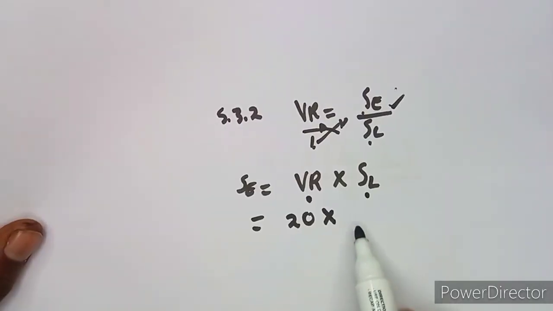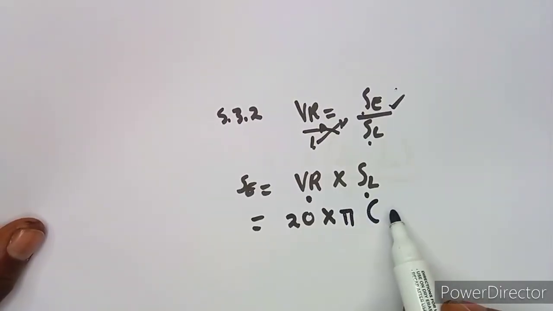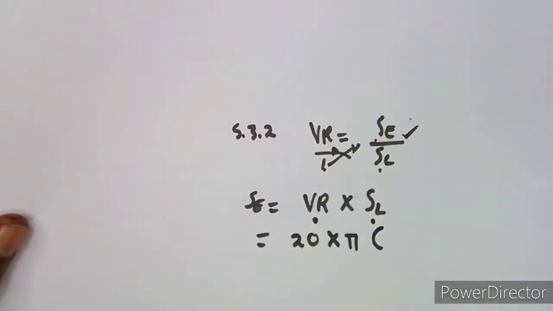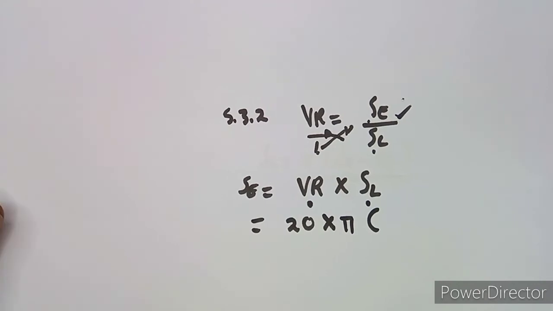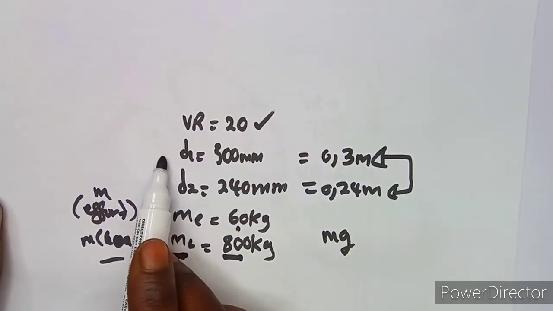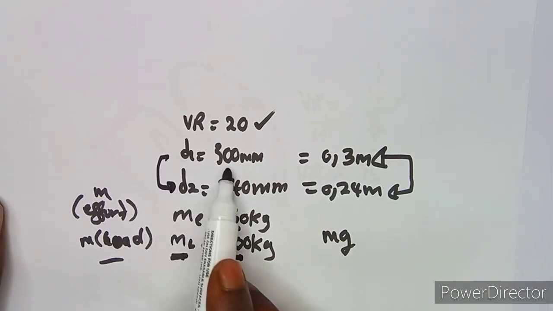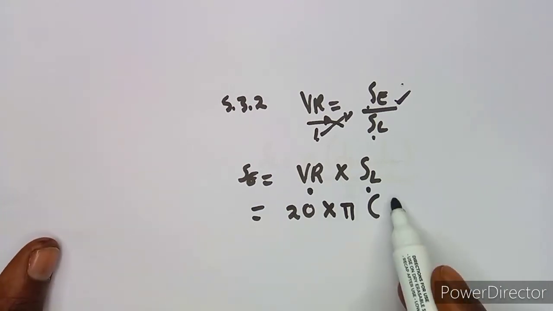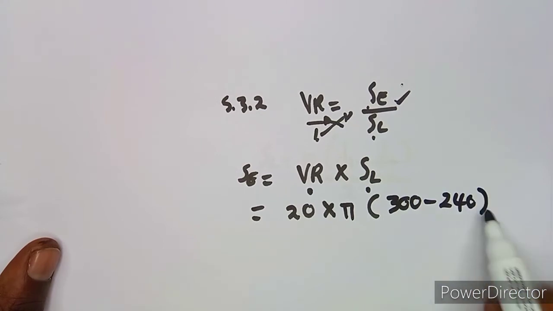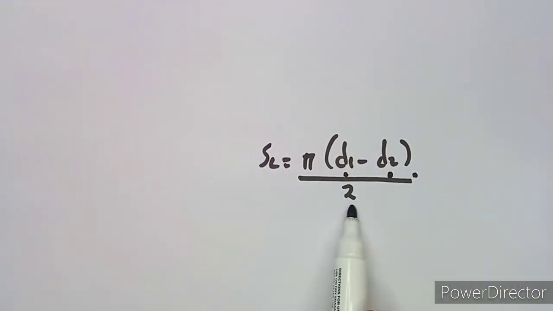So it's going to be pi into D1 minus D2. Depending on the units that I'm using, if I use meters, it's fine, but I'm just going to use millimeters so that my answer is also in millimeters. So it's D1 minus D2, so it's 300 minus 240, close that bracket, everything over 2.